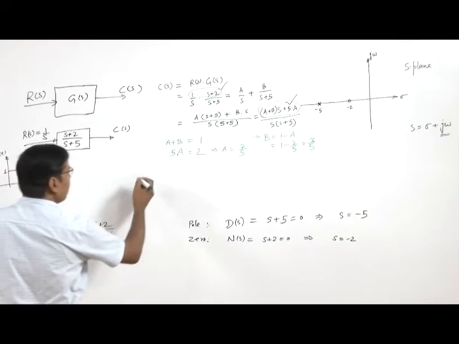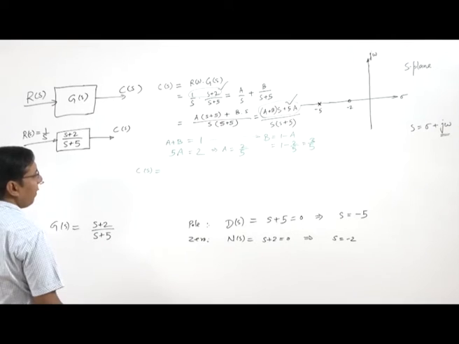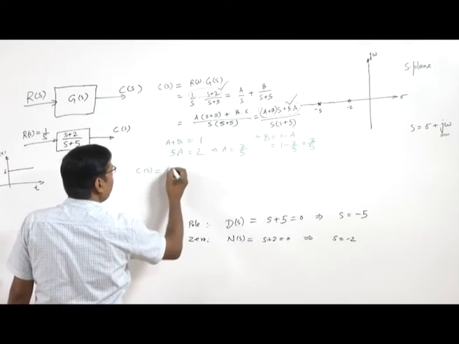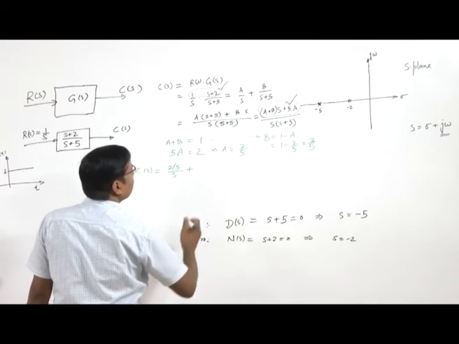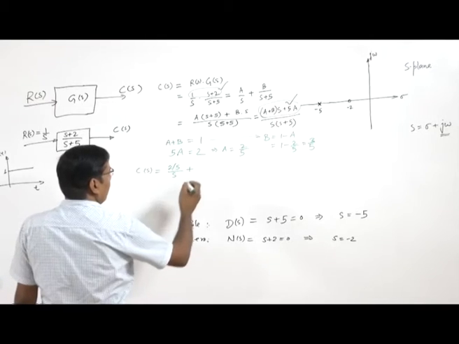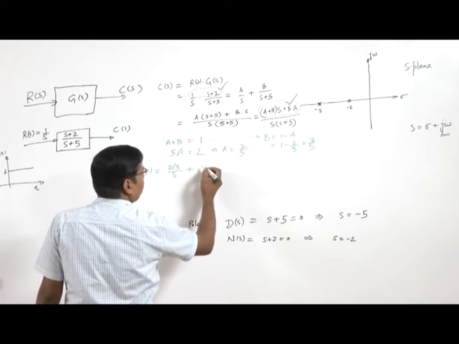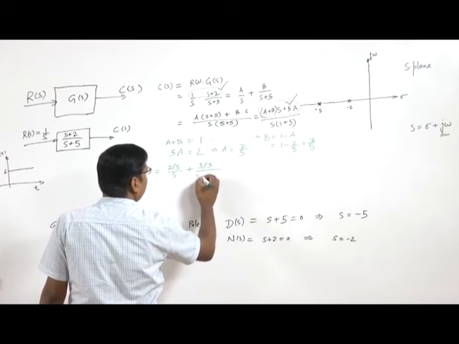So we can write C(S) equals A by S, so A is 2 by 5, that is (2 by 5) by S, plus B by (S plus 5). So B is 3 by 5, that is (3 by 5) by (S plus 5).